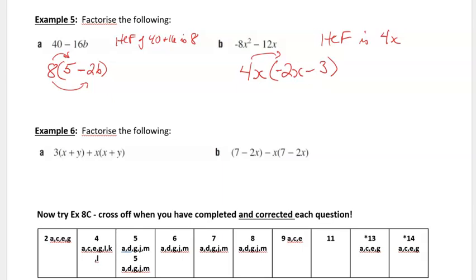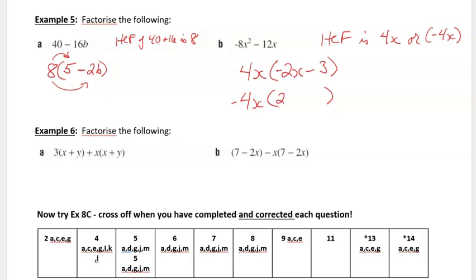The other way to think about it is, it could be 4x, or it could be negative 4x. Would it still work? Let's see. If I decide that I want to put negative 4x on the outside, whatever I put on the inside, I'm going to have to multiply it together when I expand this to end up back at negative 8x squared minus 12x.